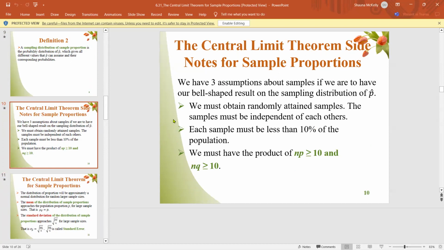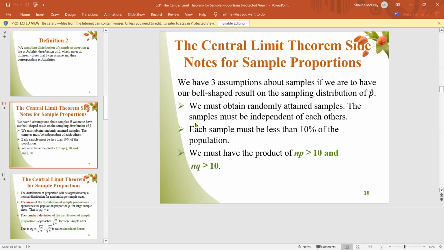Okay, so the mean, the standard deviation, which will be the p hat, right? Right, but don't worry about this yet. That's going to come later, when we graph stuff. Before we do anything with the mean and the standard deviation, we have to make sure we have a bell curve in the first place.